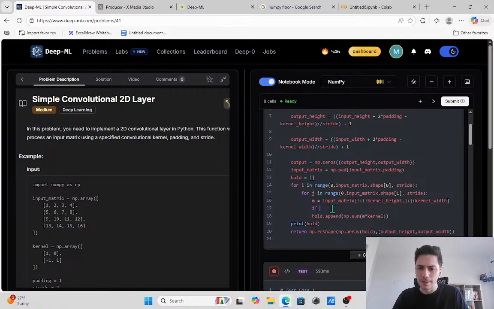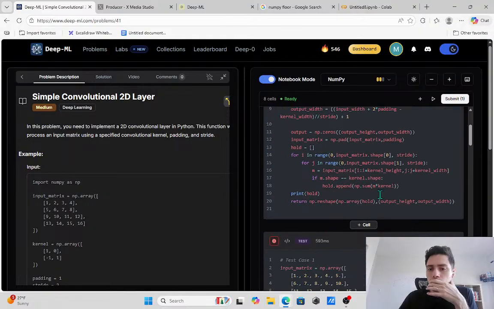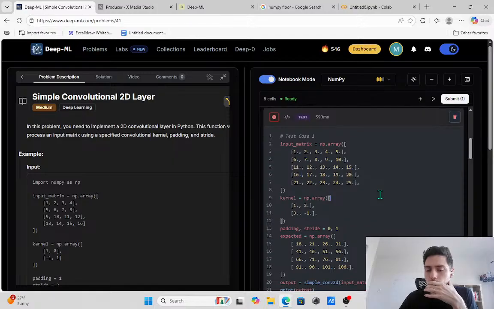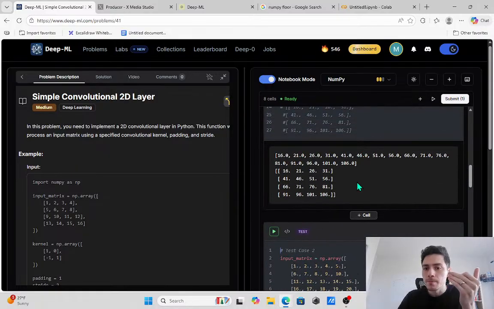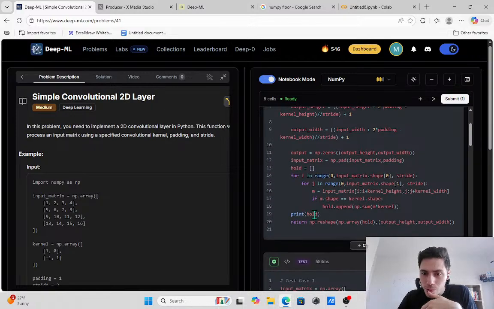If m dot shape equals kernel dot shape, okay.